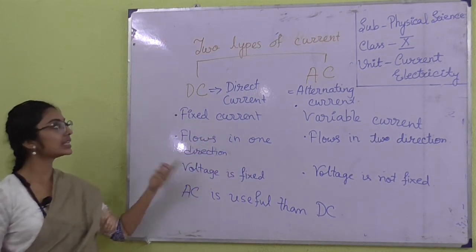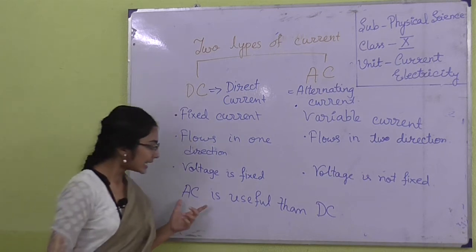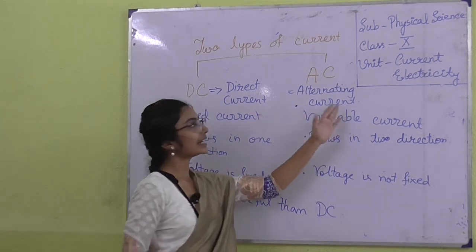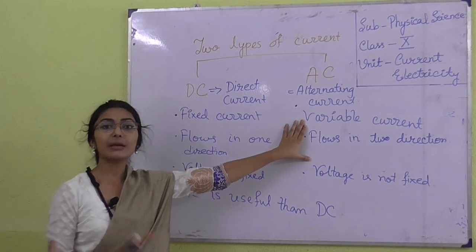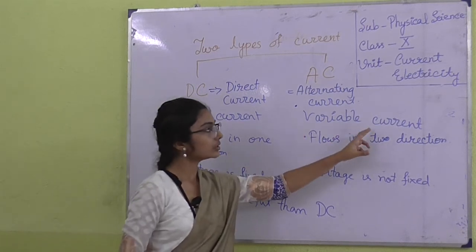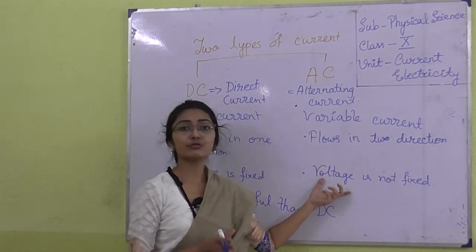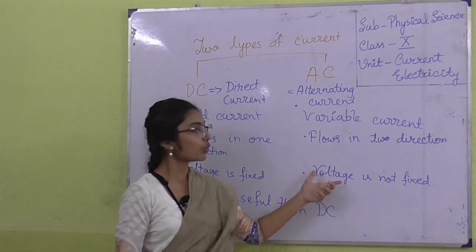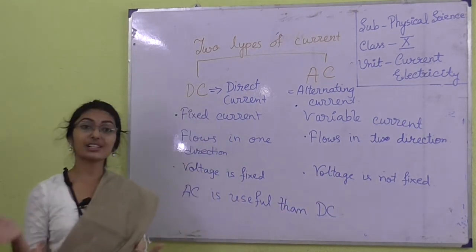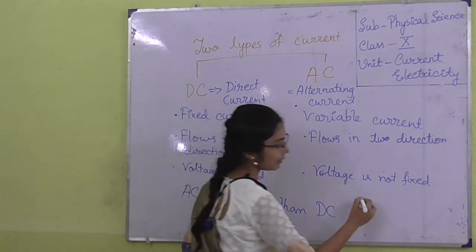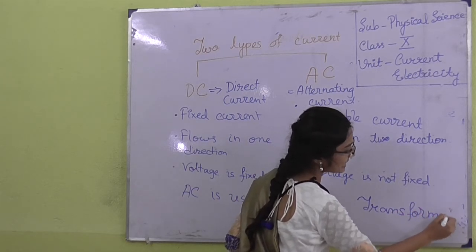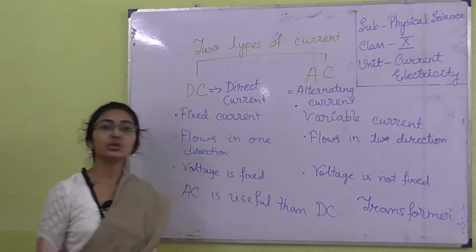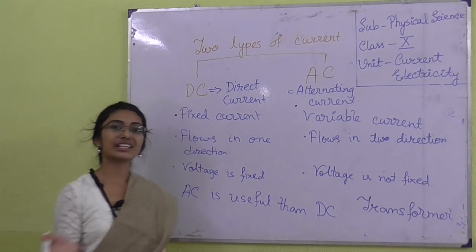In alternating current or AC, which is again known as variable current, it depends on the voltage present in the circuit. Voltage can be stepped up or stepped down by using a device known as a transformer. A transformer is a device used to increase or decrease the voltage.